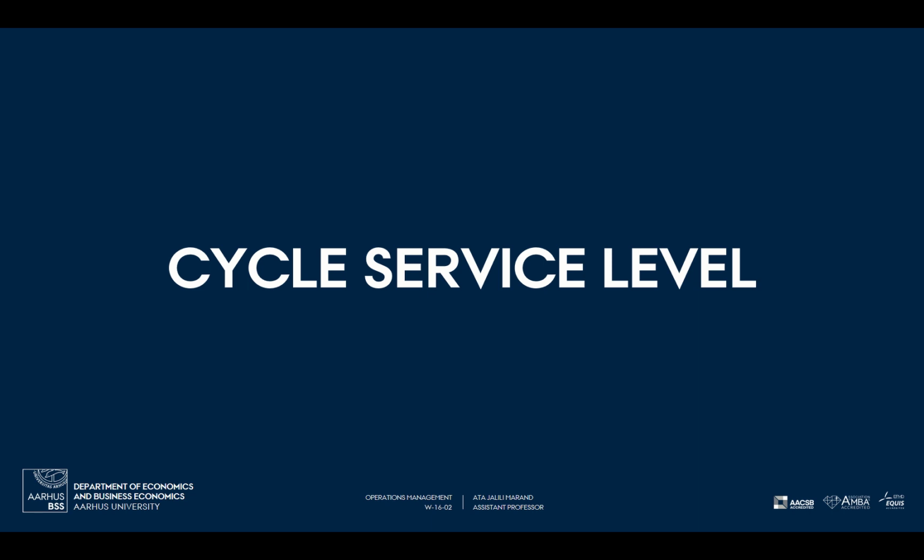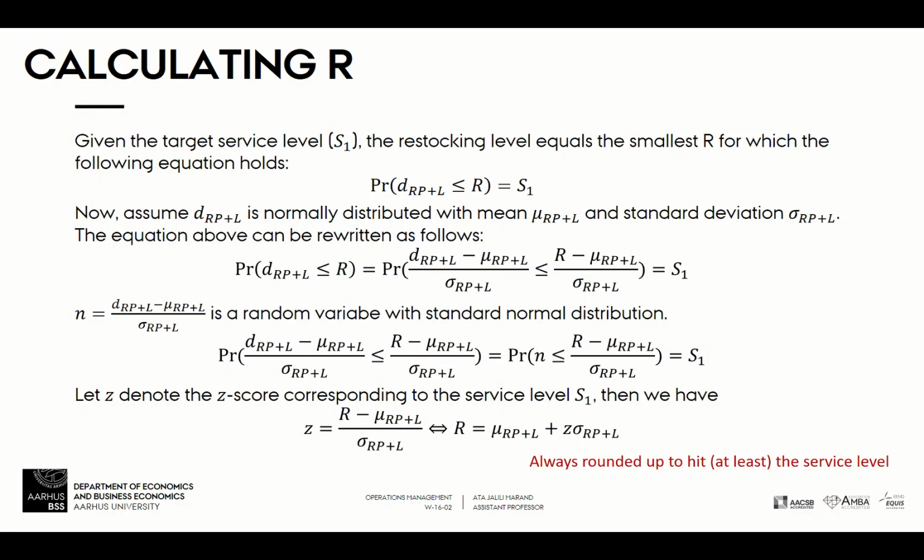Let's start with cycle service level. We have the cycle service level given and denoted by S1, and we want the probability of demand during the period Rp plus L being less than or equal to R, that is, the probability of not having a shortage over this period of time, to be at least equal to S1, and we will do so by choosing a restocking level.